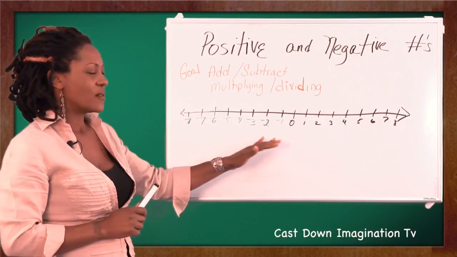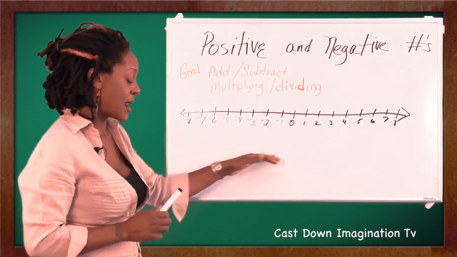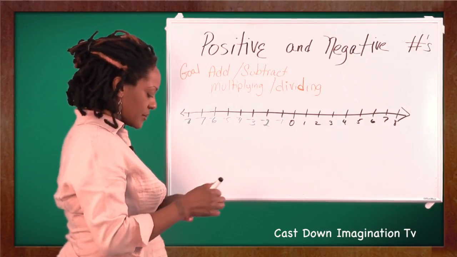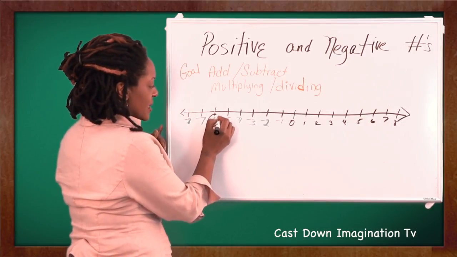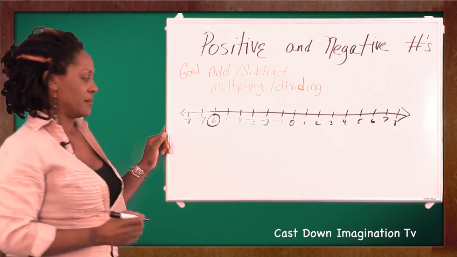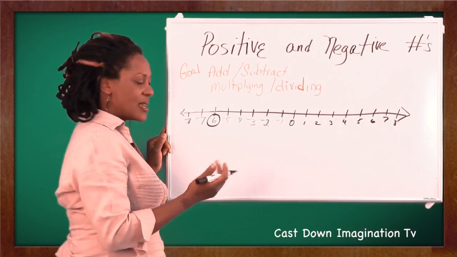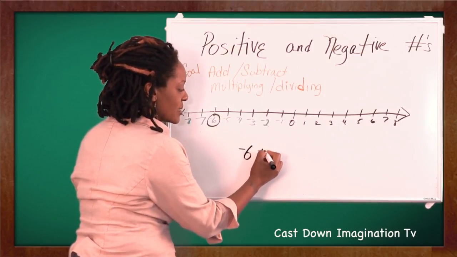So again, I just want to visually keep this number line up to show you adding and subtracting positive and negative numbers. All right, so let's say we're here at -6, and we want to add, let's say 3. So how would you see that? In an expression, we'd say -6 plus 3.